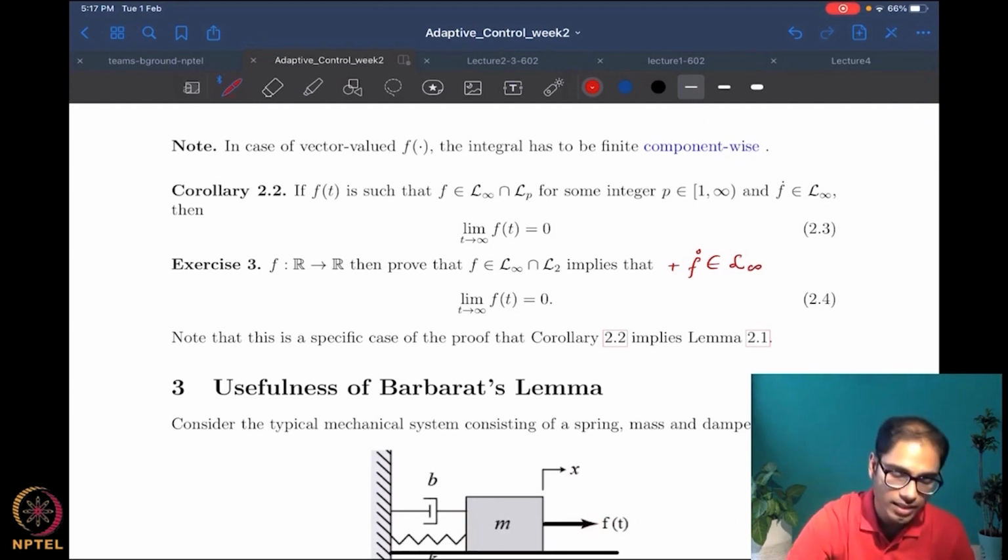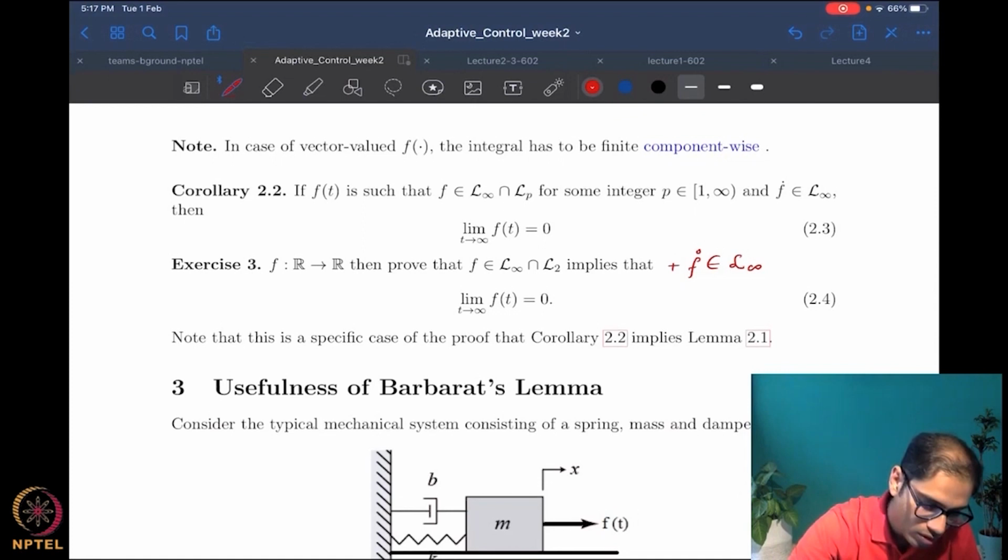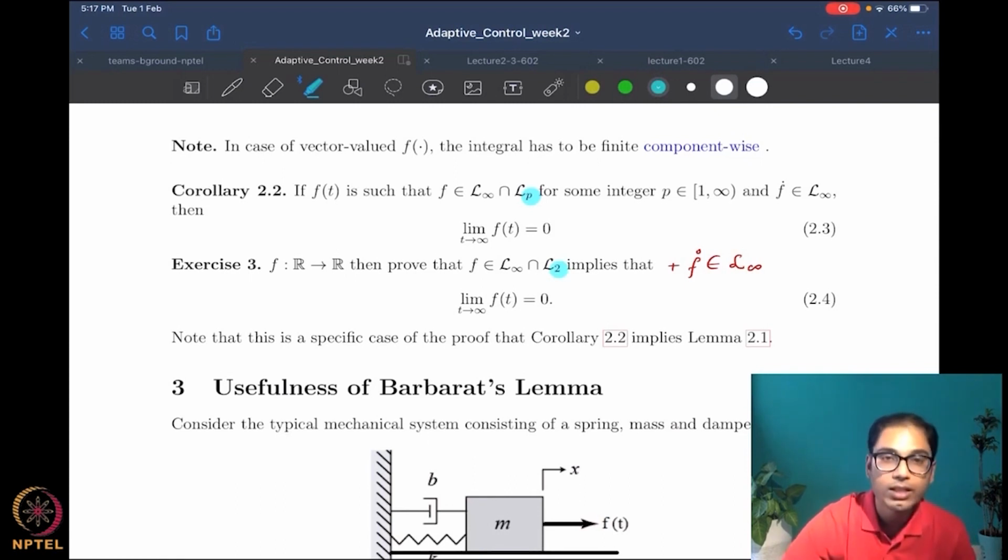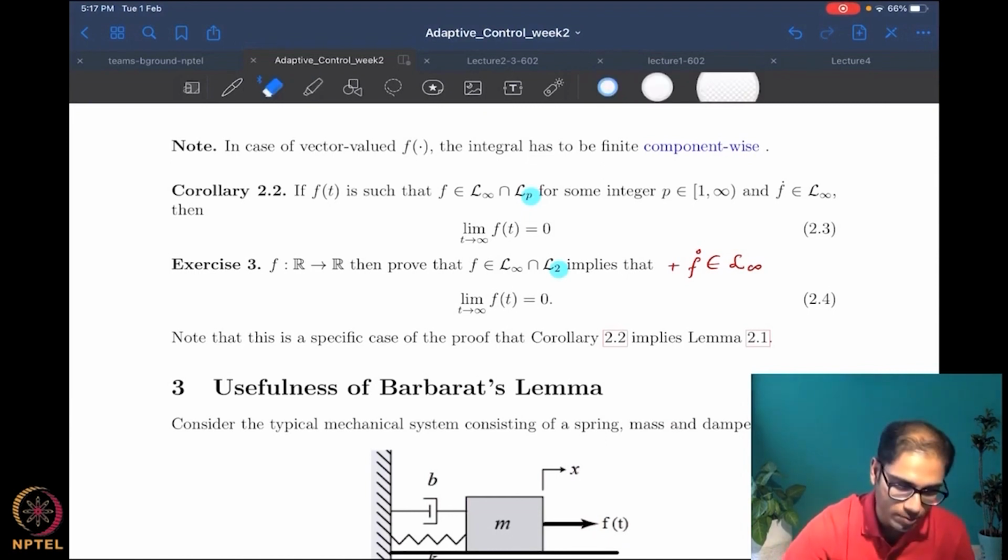So we want to prove that the corollary holds true when p is equal to 2. This is a specific case of the corollary, but if you can prove it for p equal to 2, you can prove it for any p, no problem.